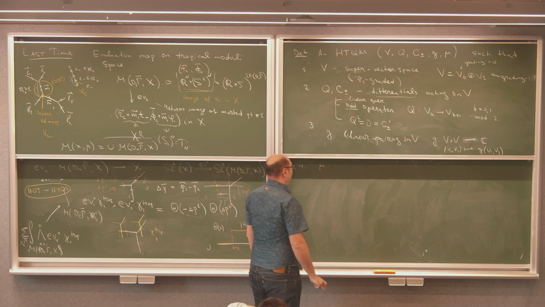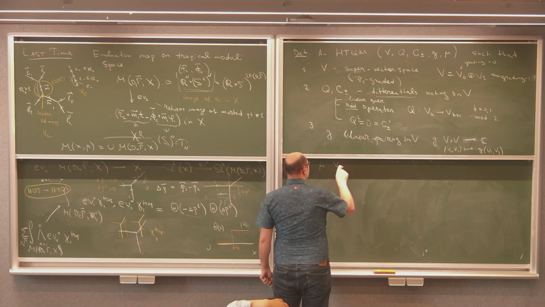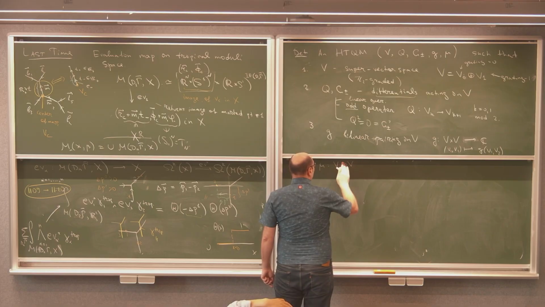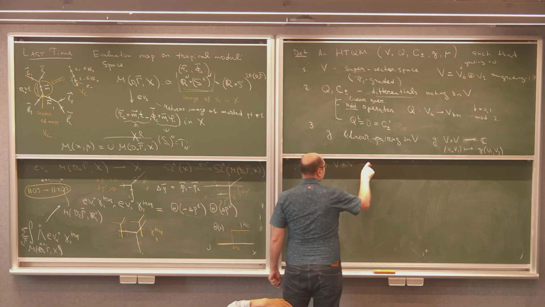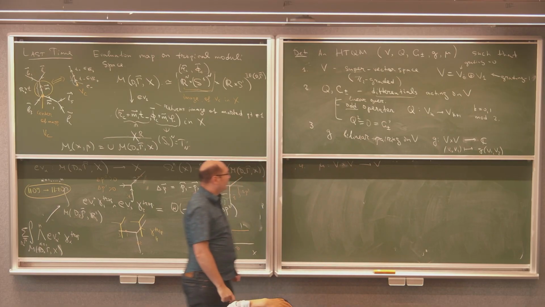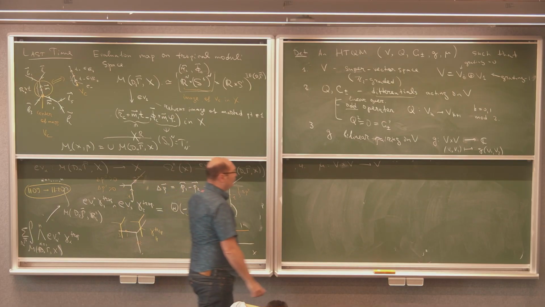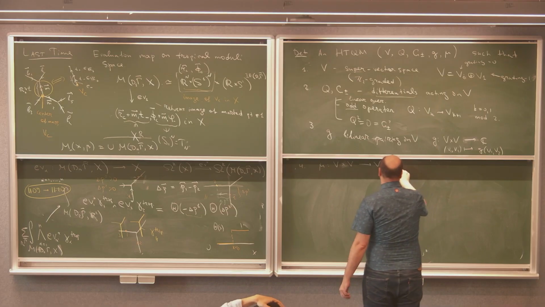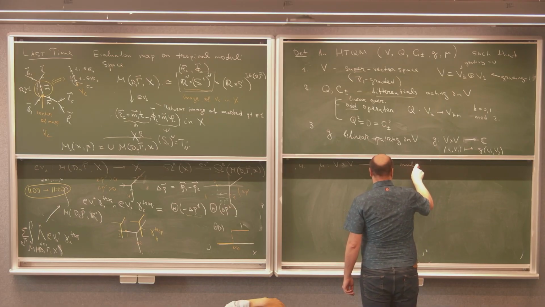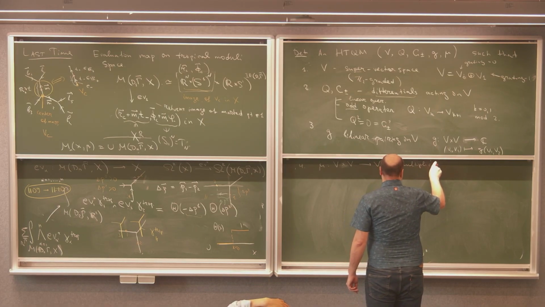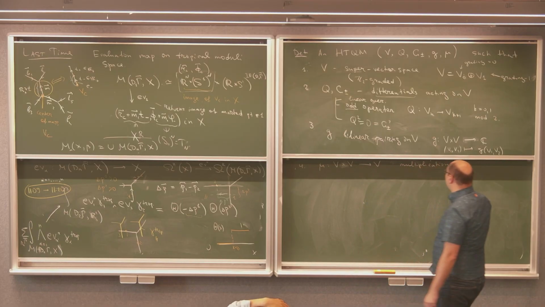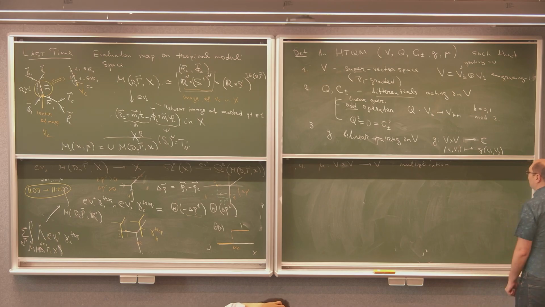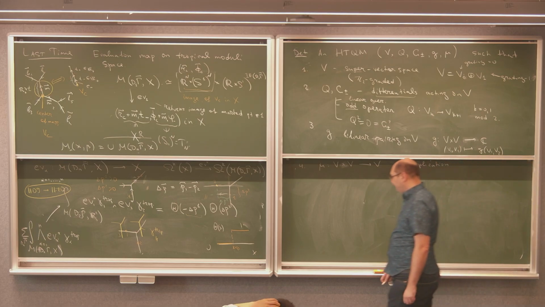So mu is the following object. It takes a pair of vectors and produces another vector. This structure in mathematics we usually call multiplication: taking two objects and producing a third object of the same type.